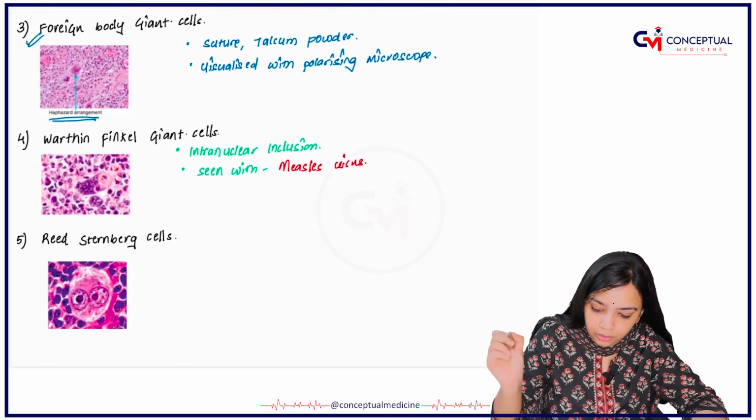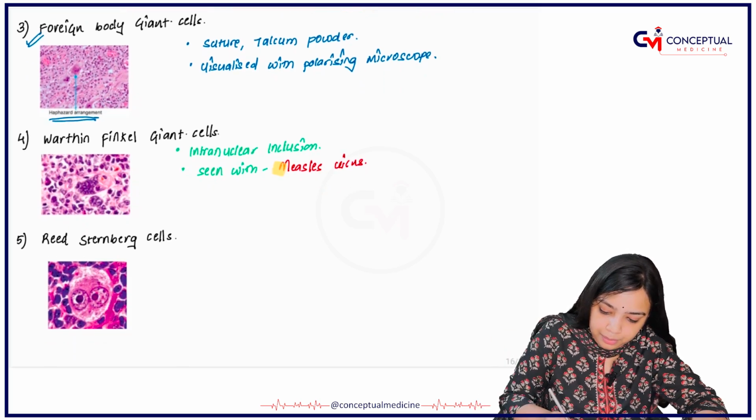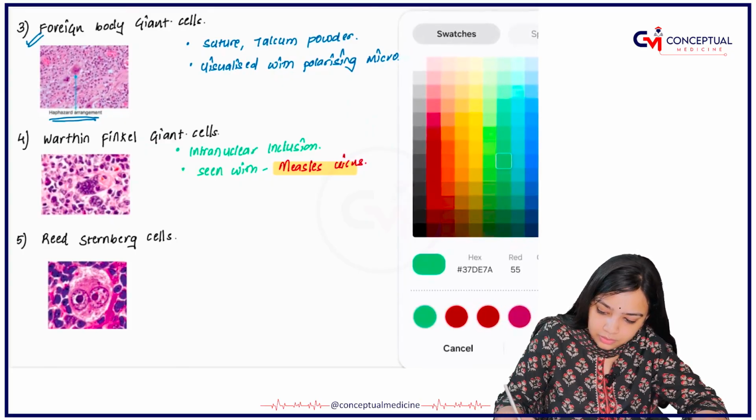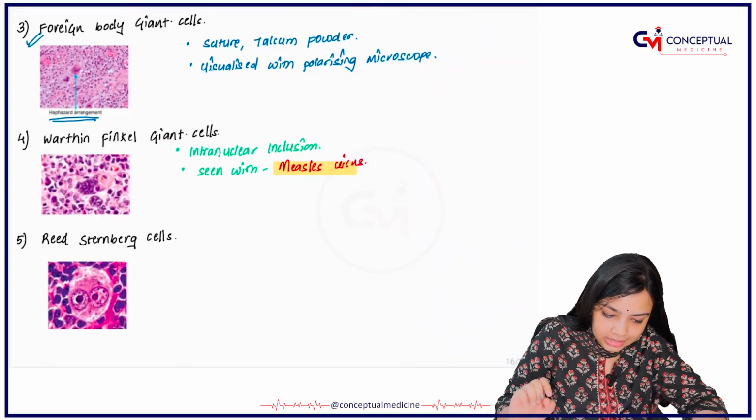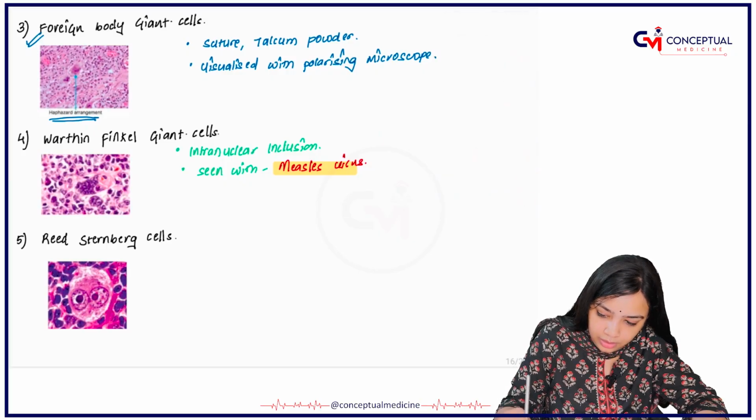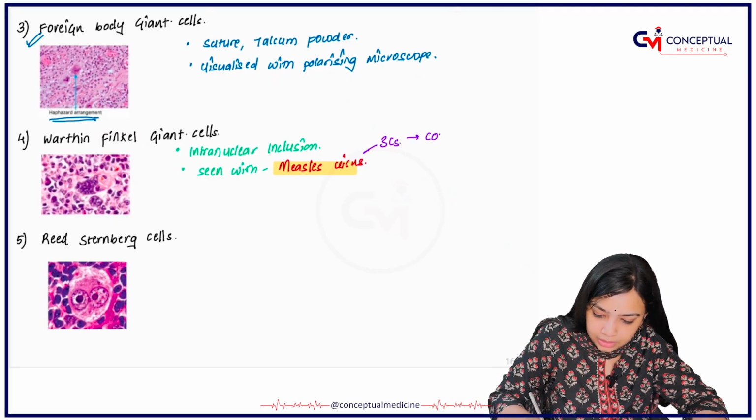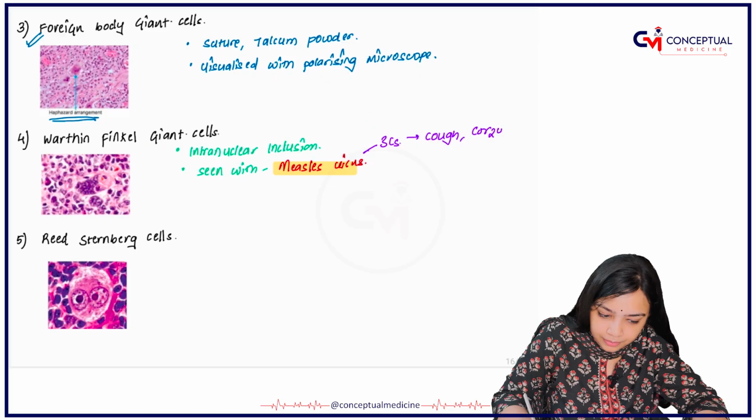Okay. Now, let's talk about the measles virus. What is happening in the measles virus? In measles virus, you have the 3 C's. What are the 3 C's that you have? That is, you have the cough, you have the coryza, and you have the conjunctivitis.